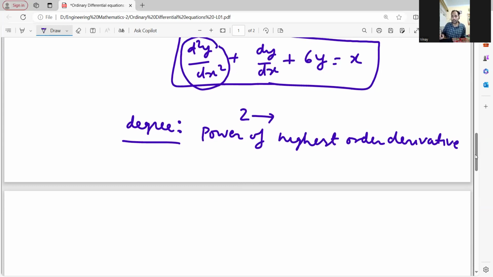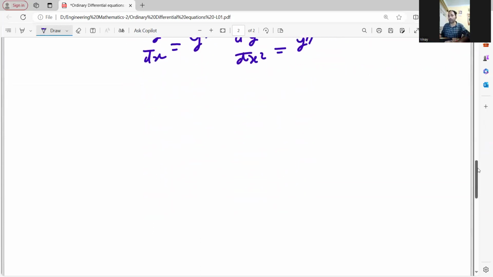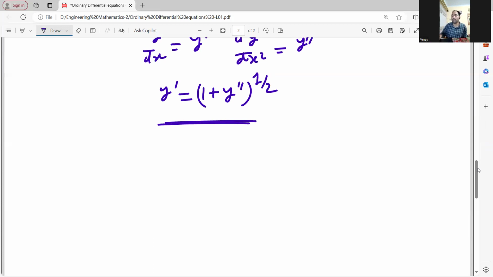By the way, if dy by dx is given, you can write it as y single prime, and if you have d2y by dx square, you can write y double prime similarly. So for example, let's say I have this differential equation: y prime is equal to (1 plus y double prime) to the power 1 by 2. You have to find degree and order.